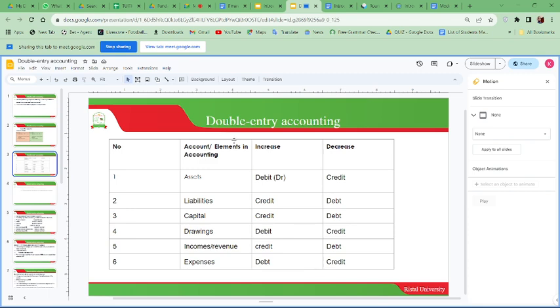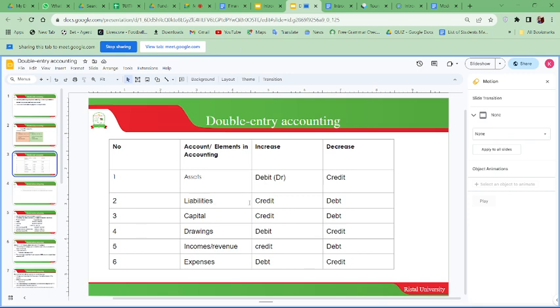So let's look at an example, an illustration. Here we have the elements. We have asset. It has an increase side and a decrease side. An asset that increased, we record under debit side, and when it decreased, we record it under credit side.